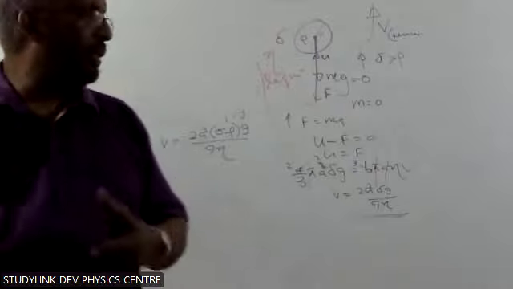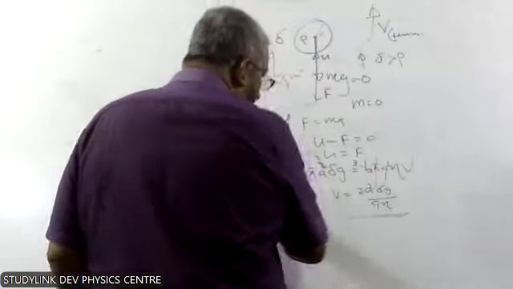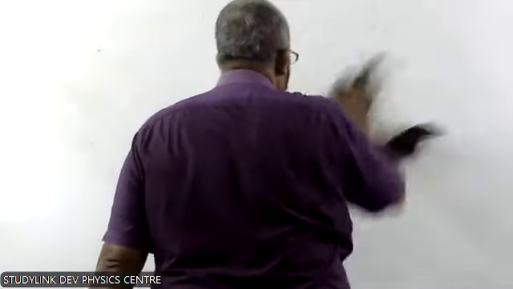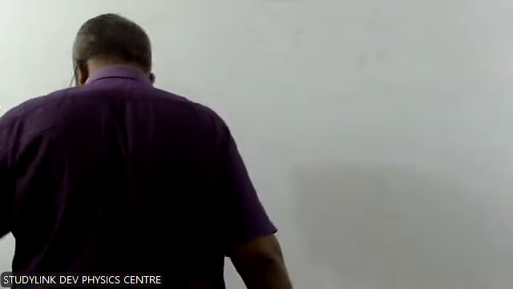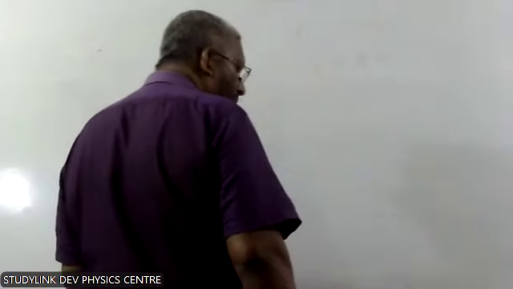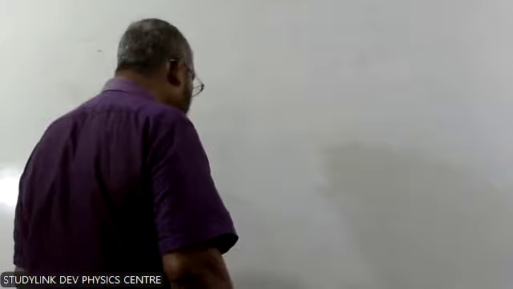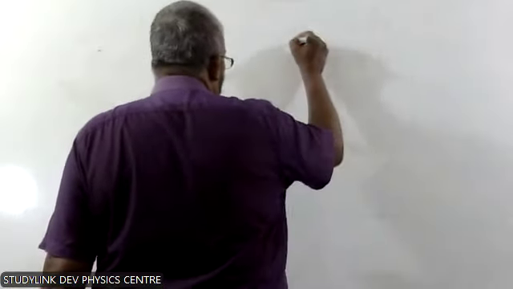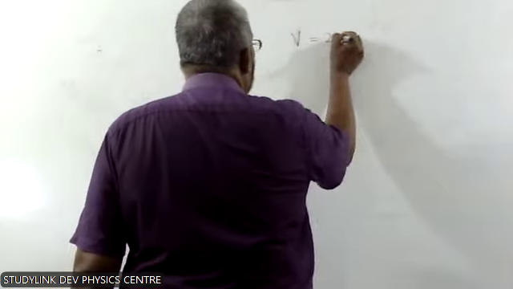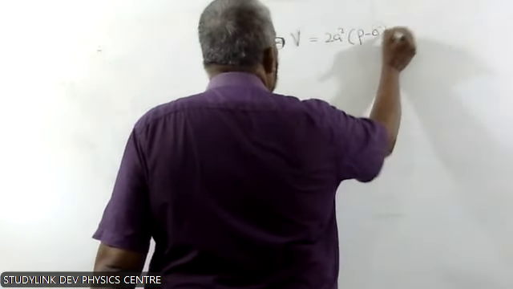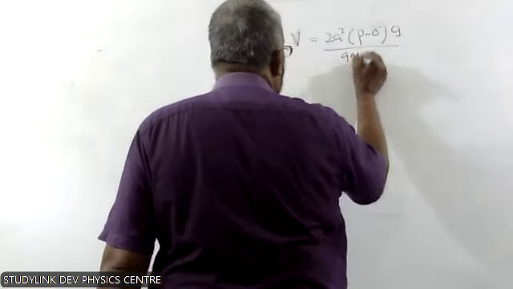I'll explain how to answer the questions also. When a solid sphere or metal sphere is falling down in a viscous liquid, normally we are using v equals 2a squared (rho minus sigma) g over 9 eta.